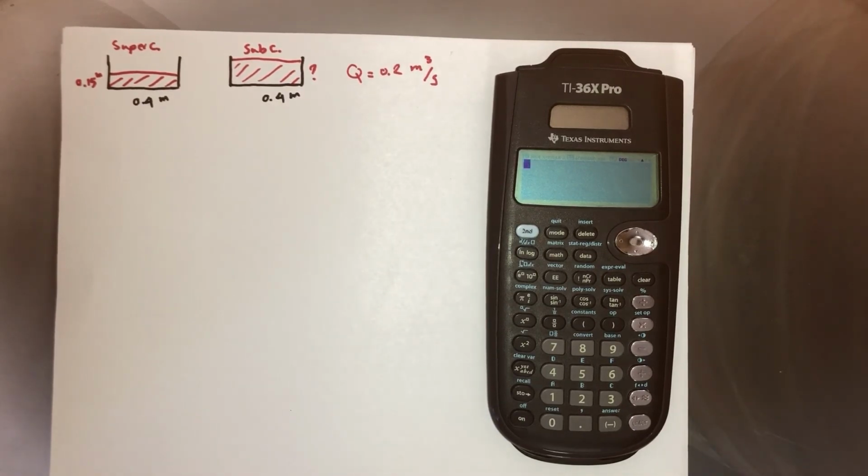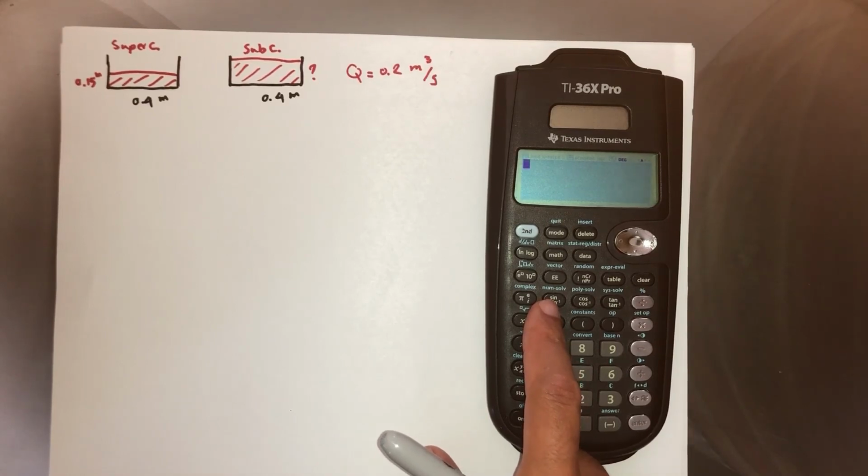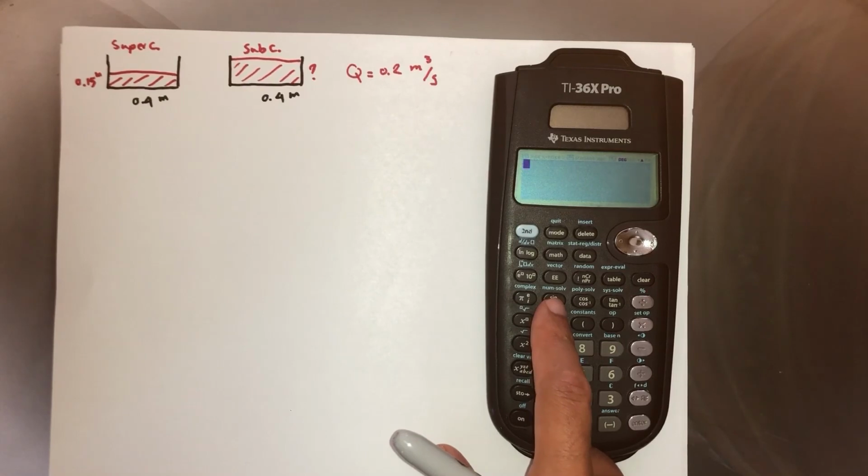Okay, now I want to show you another useful tool in this NCEES approved calculator called Polynomial Solver. Numerical Solver is the one that we used for finding a normal depth. It was an implicit equation. We didn't know the form of the equation, so we just tried to solve it iteratively with this tool.